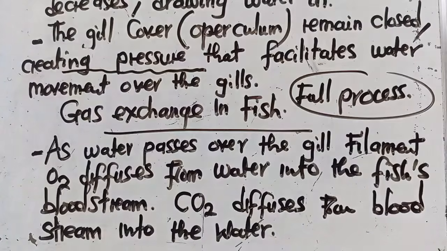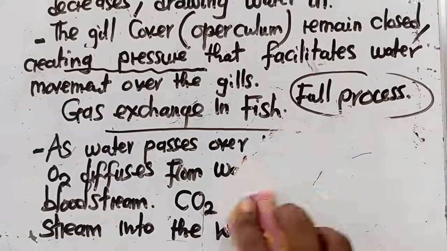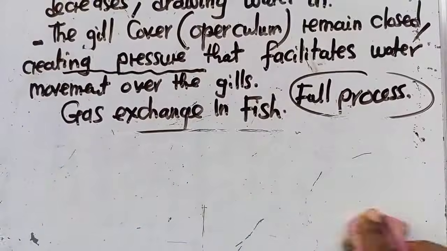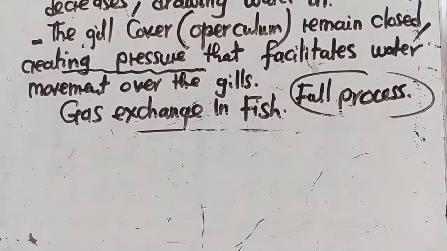So when I tell you to explain the whole process of inspiration and expiration of gases, or breathing in fish, you explain all these things from inspiration to the last one that we call expiration, where some gases move out.